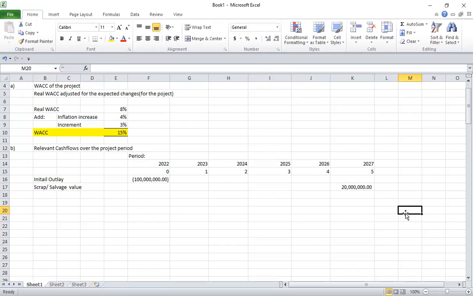As a plus, let's go to note number 3. What are we told in note number 3? That the selling price and cost structures of the product for the first year, 2023, with expected inflation factors are as follows.